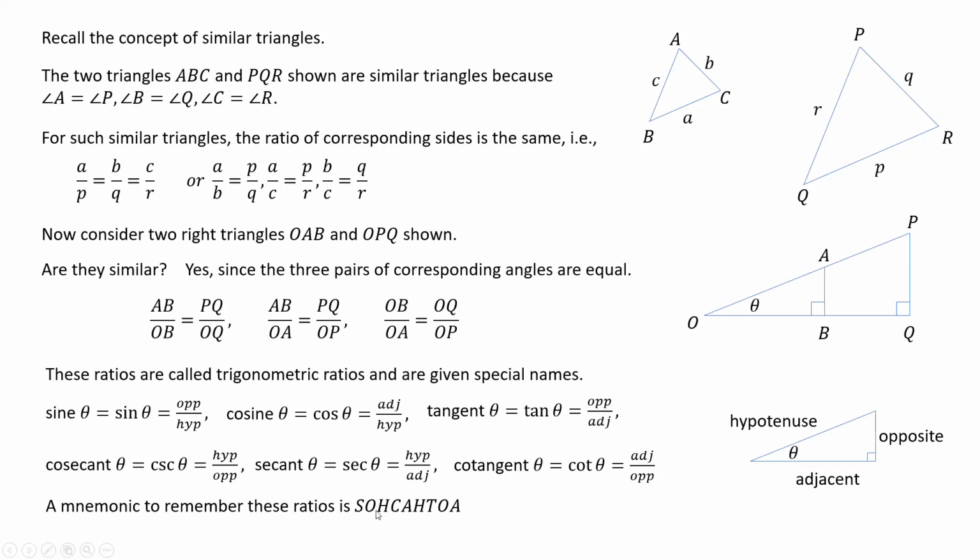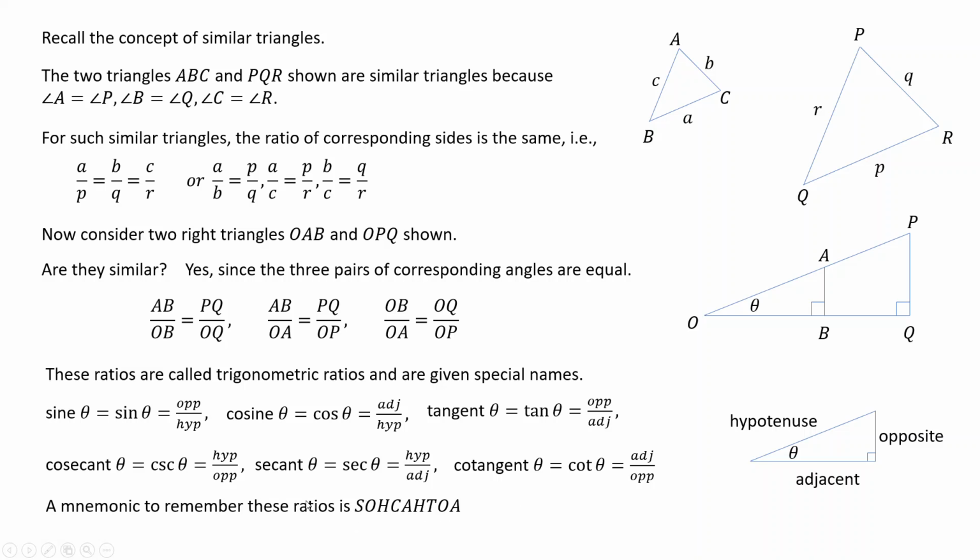It's called SOHCAHTOA. The way you're supposed to use this: S is sine, O is opposite, H is hypotenuse, so sine is opposite over hypotenuse, cosine adjacent over hypotenuse, tangent opposite over adjacent.